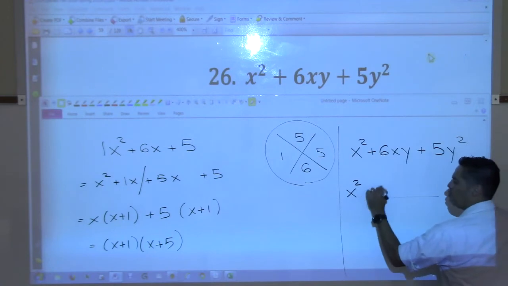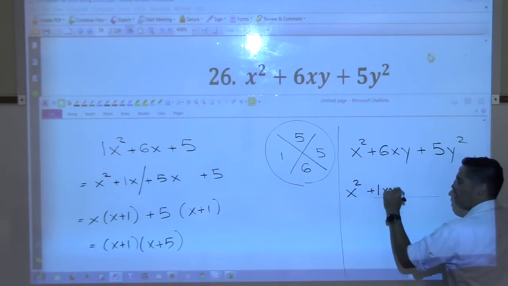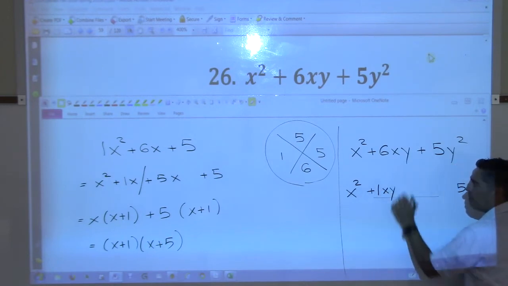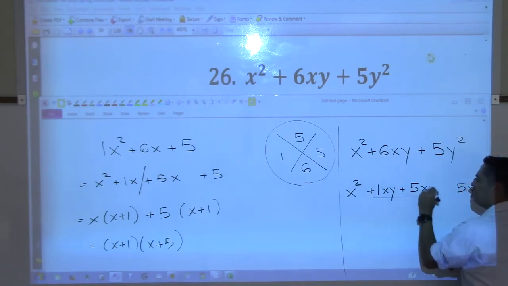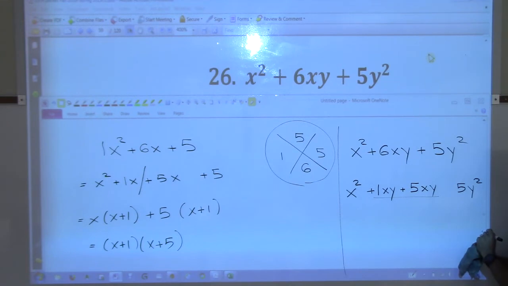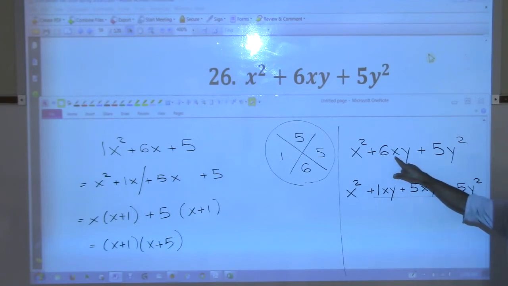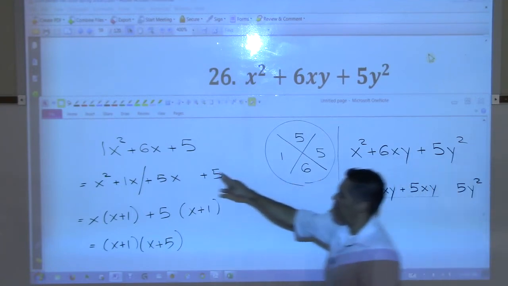So plus 1xy, right? That'll give us one of those, and then plus we use the 5, 5xy. Does that make any sense? You see the difference there? It's the same procedure, except that you're trying to rewrite this, which has a y with it, instead of this one, which did not.